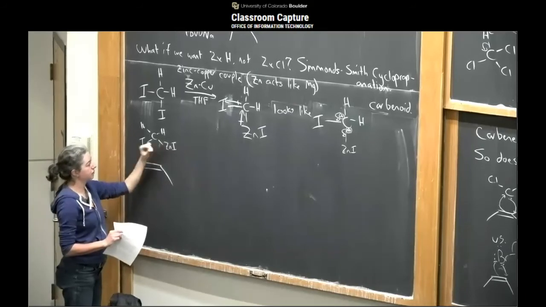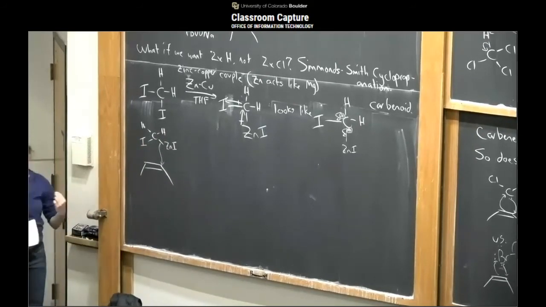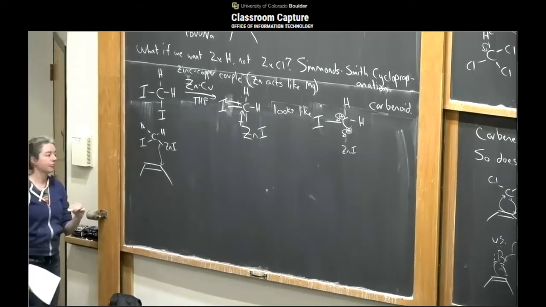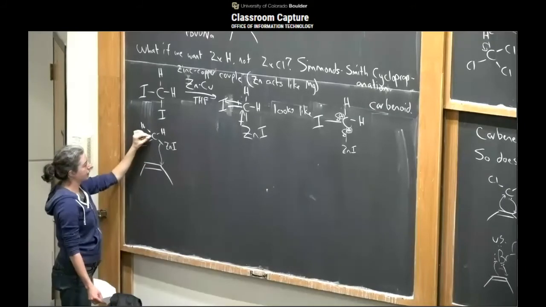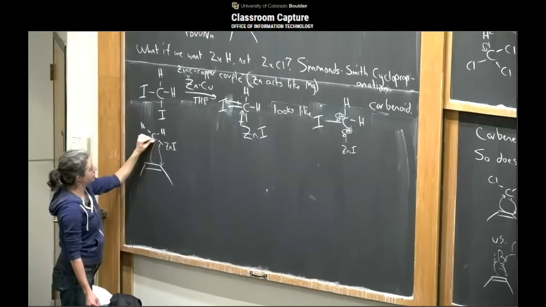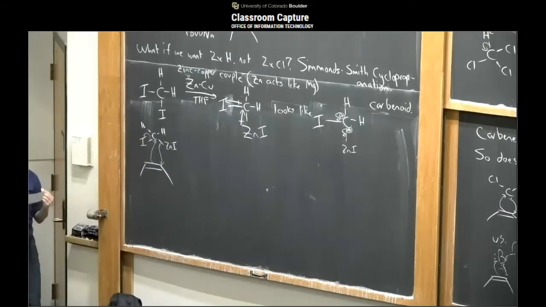Instead of attacking from a lone pair on carbon, we're actually attacking from the carbon-metal bond, just like if we showed the covalent form of a Grignard going out and doing something. And instead of attacking an empty orbital on the carbene, like we did over there, we're attacking the delta plus on the carbon, which forces us to kick out the leaving group. So it is one more arrow, but you can sort of piece together why each arrow happens the way it does compared to the true carbene over there.